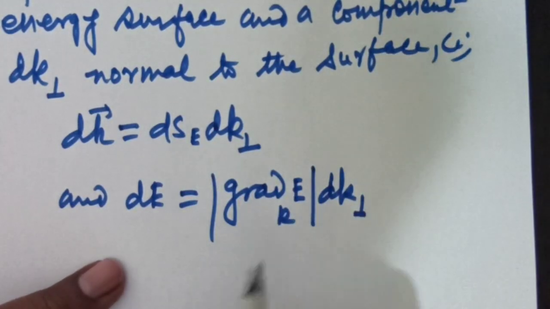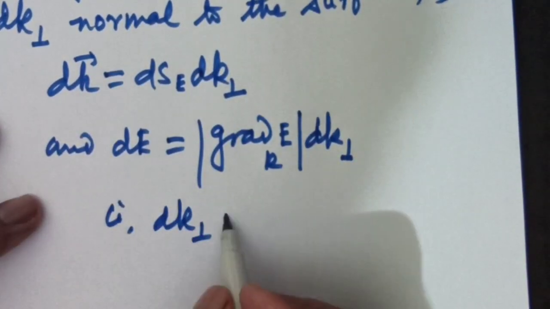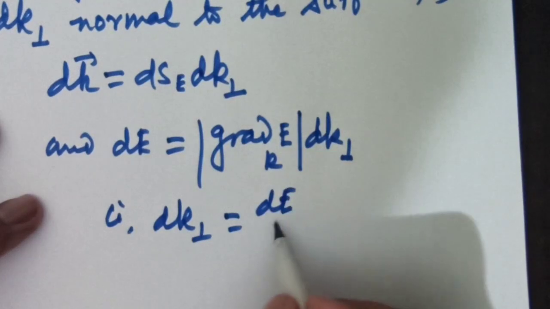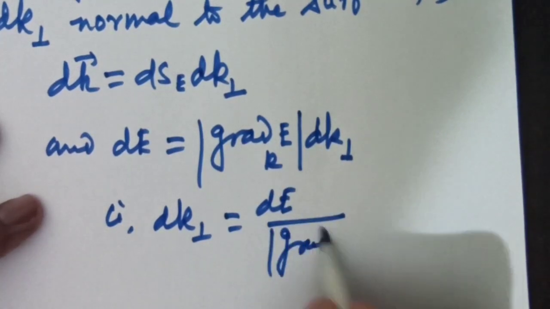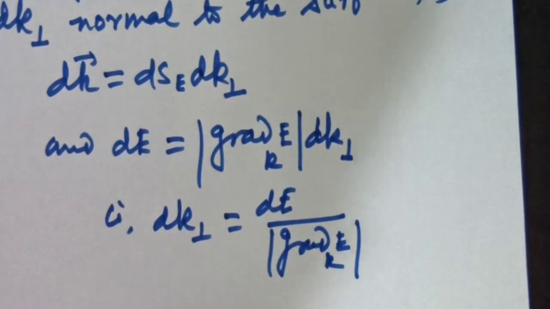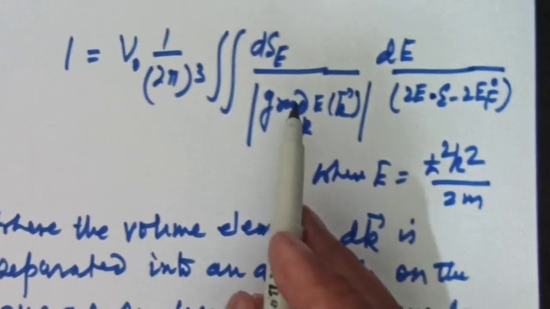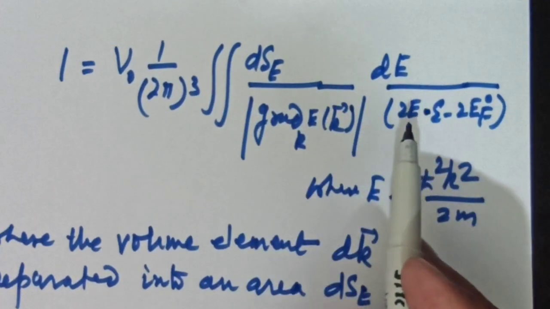Therefore, this is dk perpendicular. That is, dk perpendicular is equal to dE divided by gradient E. And therefore, now you can understand this particular equation.